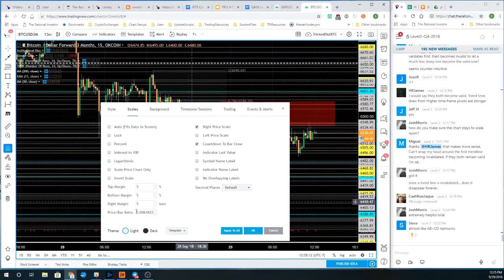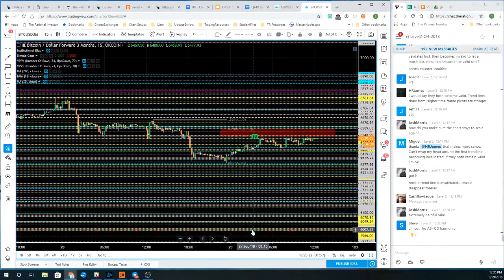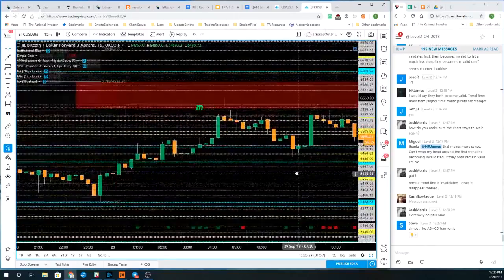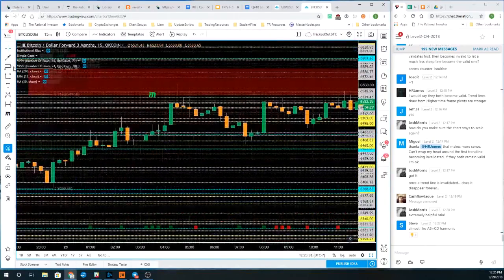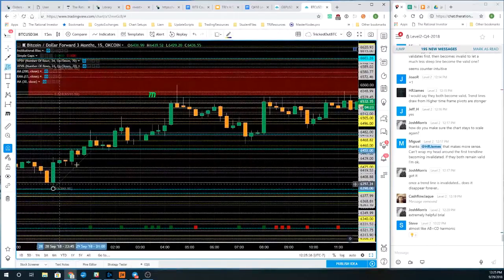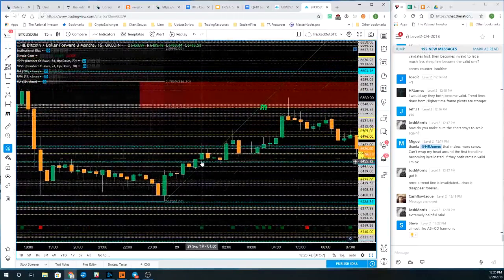So when I see this at 3.00, I'm going to suggest that you change it to a nice round number, like in this particular case, $10 for one. We're going to lock that. Now, my chart is squared. I'm going to go over to my Gann square, fixed, and I'm going to draw my trend line. And you can see off of this particular squaring, that was the trend.